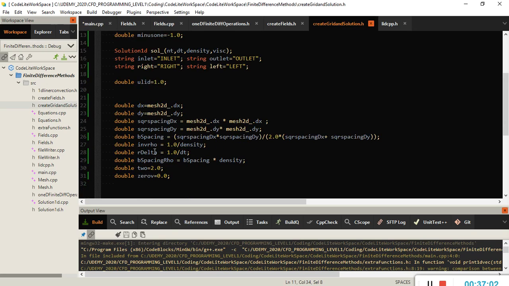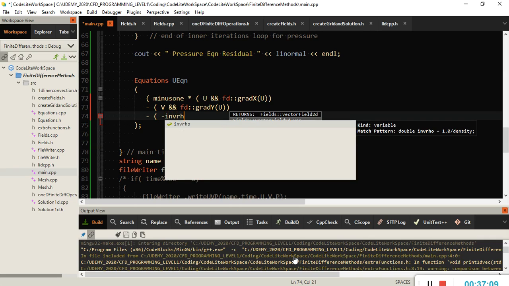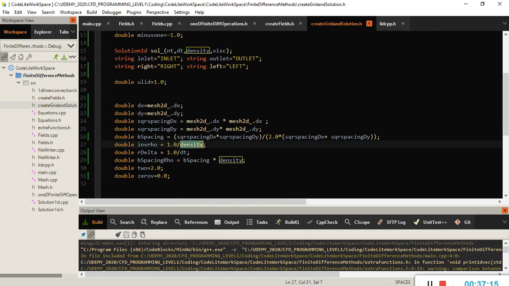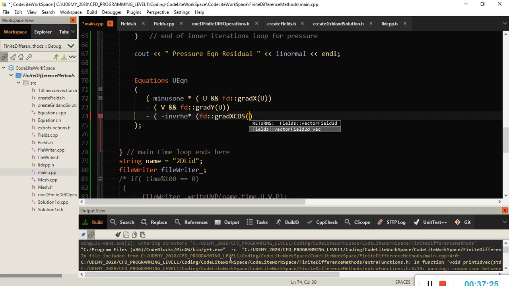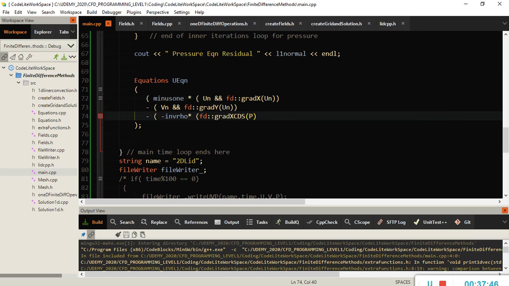We have actually a term called inverse rho, and that means we can write minus in rho, which is nothing but 1 divided by density, so minus 1 divided by density multiplied by fd grad x cds of p, my bad, here we have to actually, because we have obtained a new field, we have to take un here, everything with the new velocities, but pressure remains the same, and that's the pressure term.